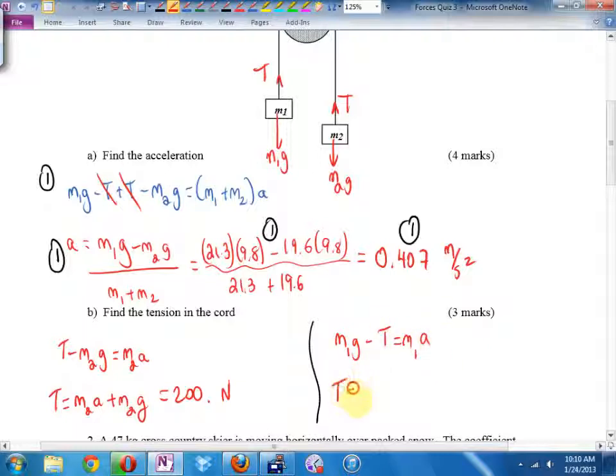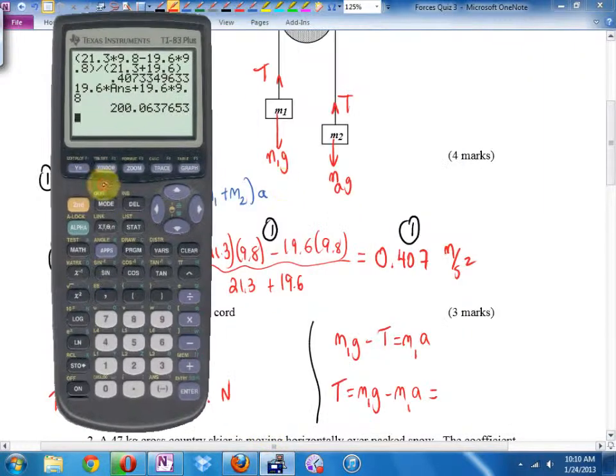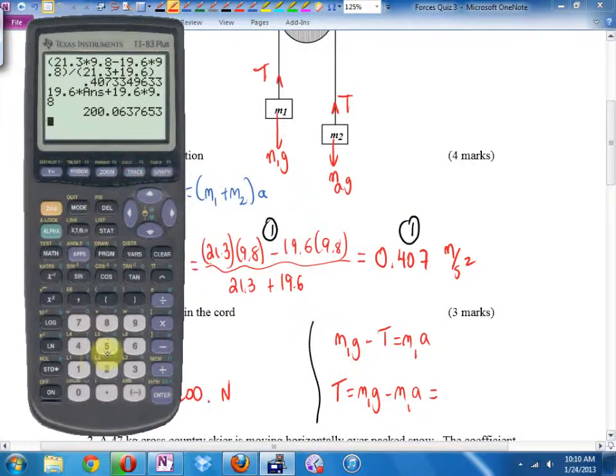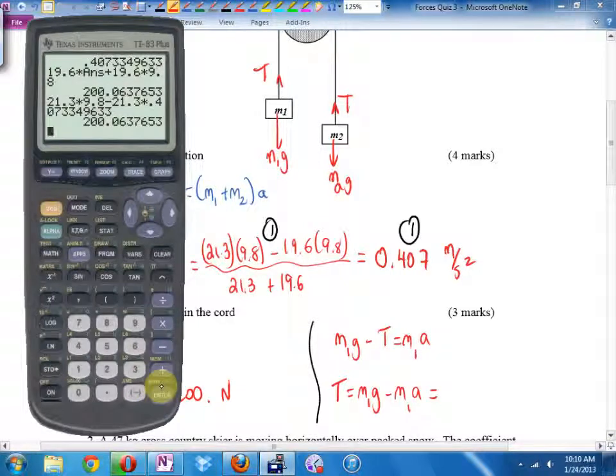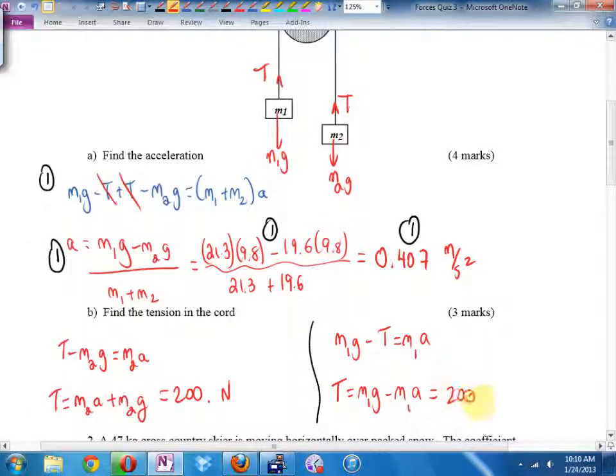You would say tension equals M1 g minus M1 a, which ends up being M1, 21.3 times 9.8 minus 21.3 times 0.407334963, also 200. Half mark off for no newtons. In terms of part marks, I would give you 1 mark if I saw either equation, 1 mark if I saw that, and then 1 mark for the answer.